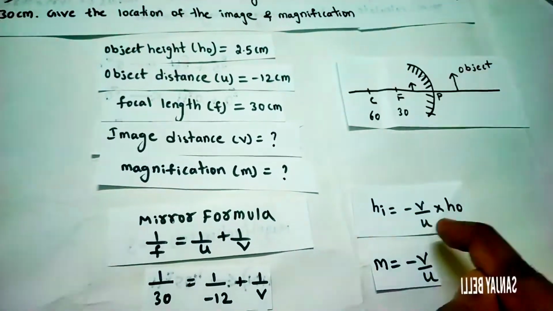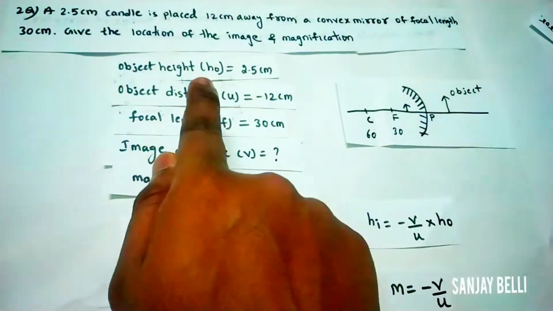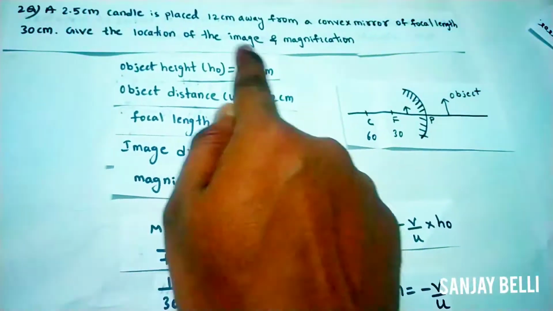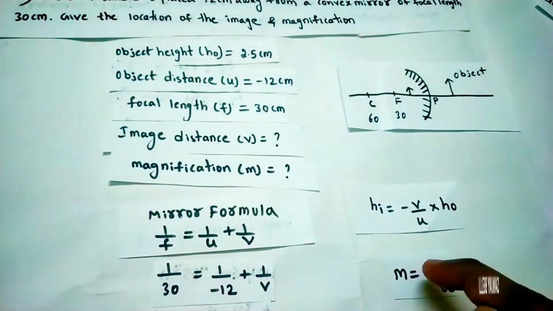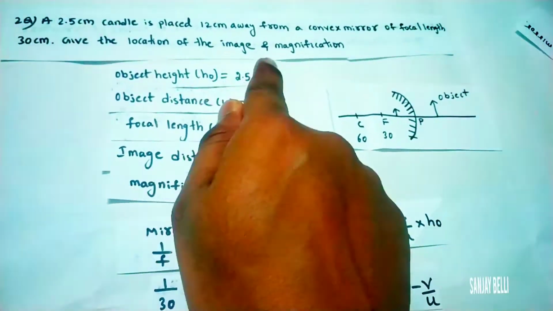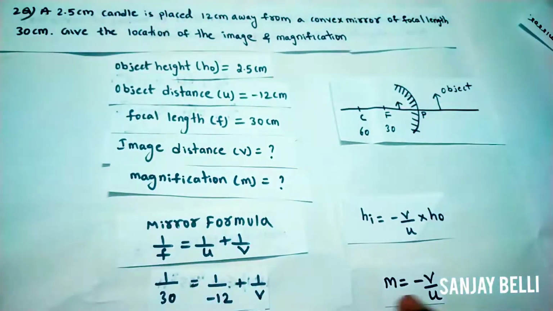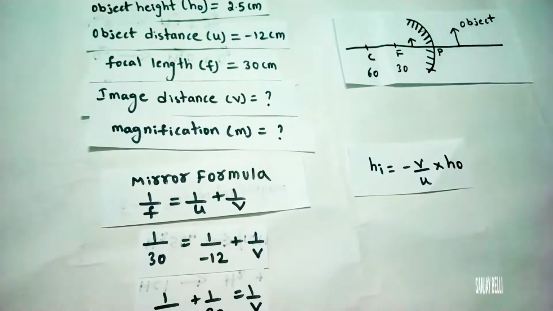HI equals minus V by U into H naught. Both we can use, but in this problem the object height was given, so I want to use this H naught value, so I am taking this formula instead of that one. If he doesn't give the object height and asks you to calculate magnification, we can solve it by using M equals minus V by U.